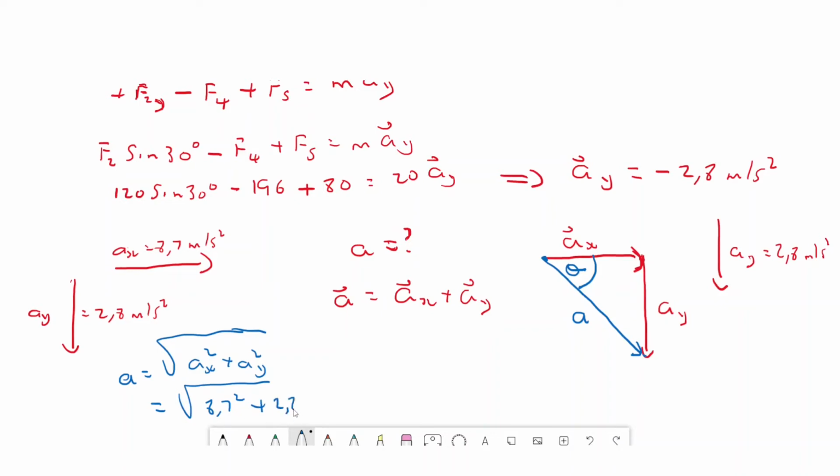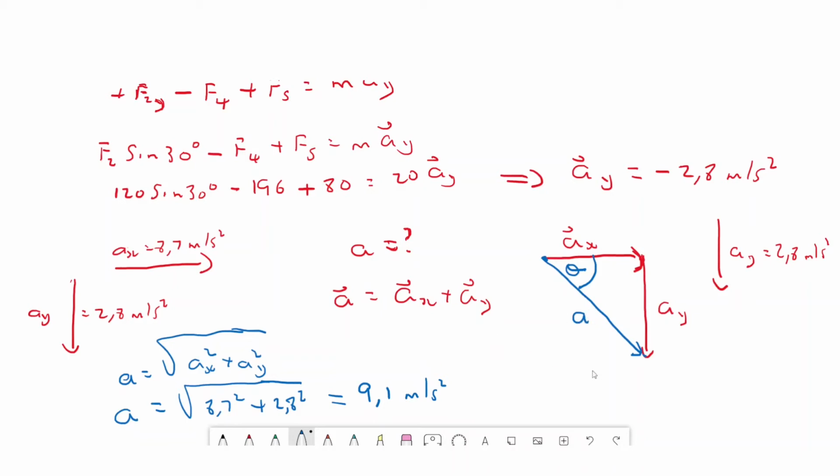So you're just going to put 2.8 squared. And then you'll find that the magnitude of A is the square root of 8.7 squared plus 2.8 squared, which is 9.1. So the acceleration is going to be 9.1 meters per second squared. Okay, so that's the magnitude of A.